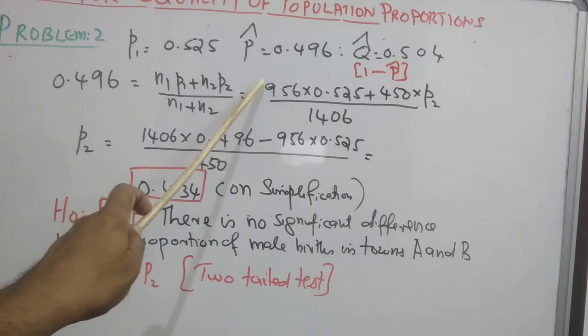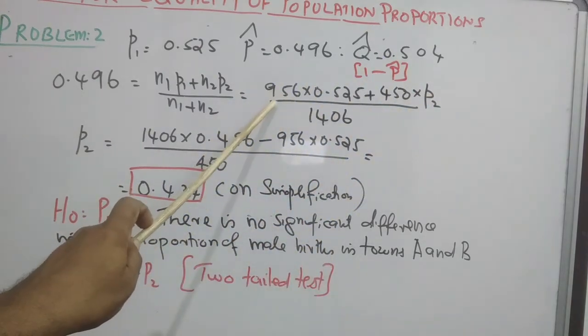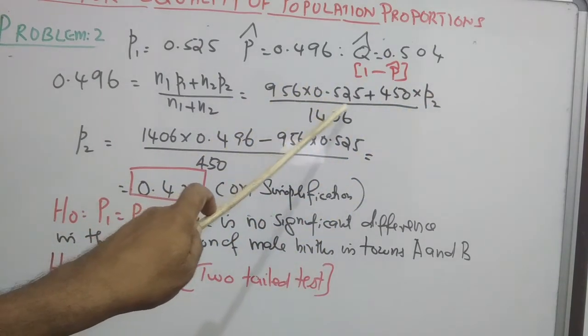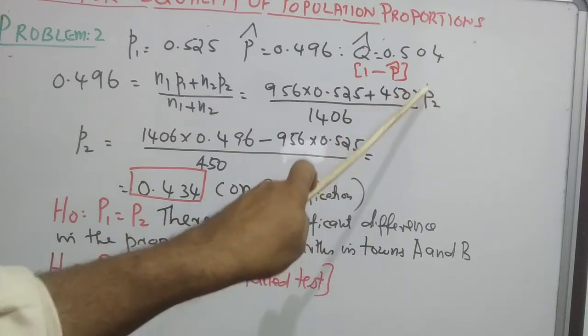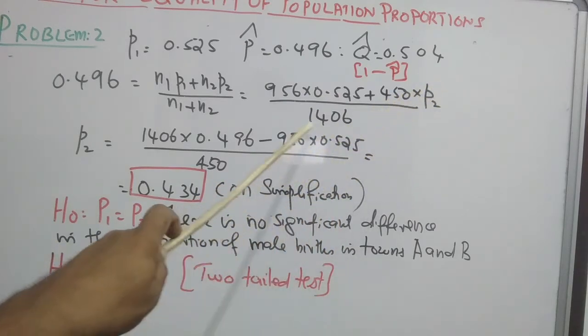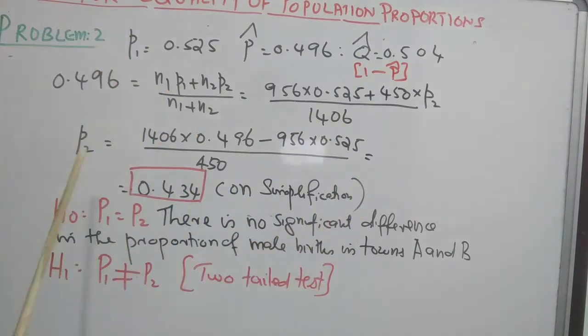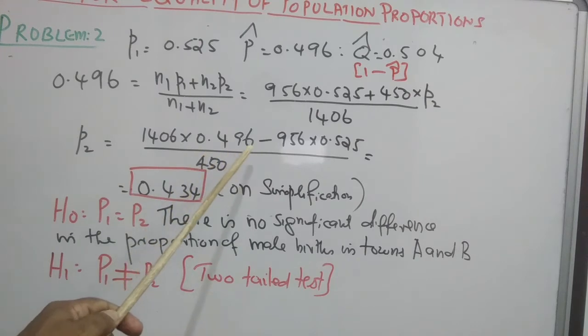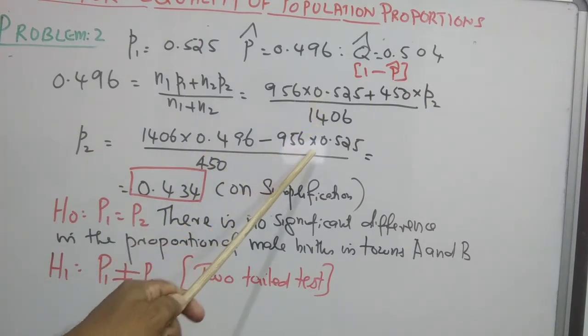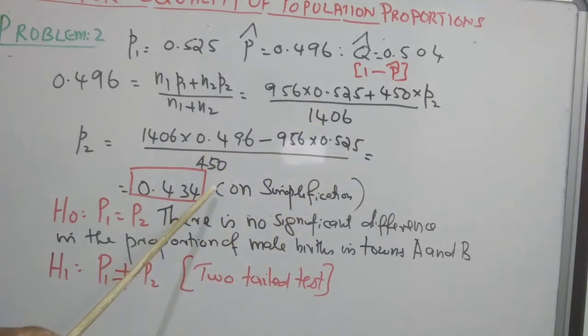Then available values are substituted: 956 into 0.525 plus 450 into P2, divided by 1406. On simplification, P2 is equal to 1406 into 0.496 minus 956 into 0.525, divided by 450, that is 0.434.